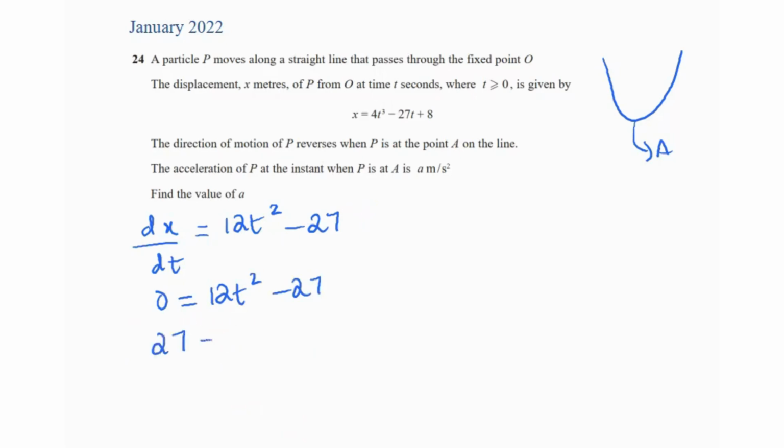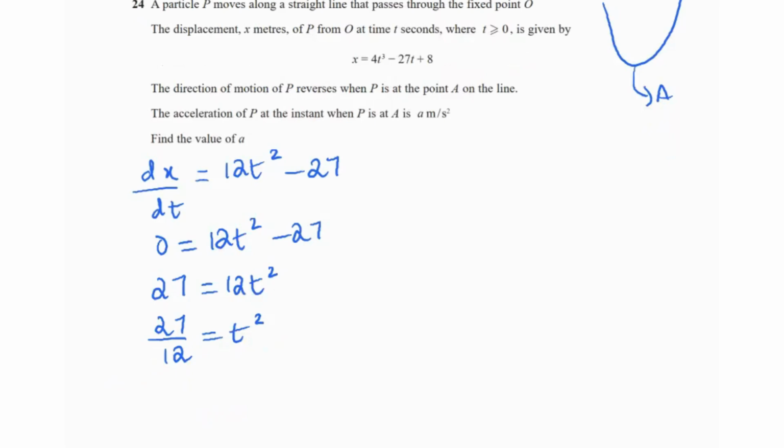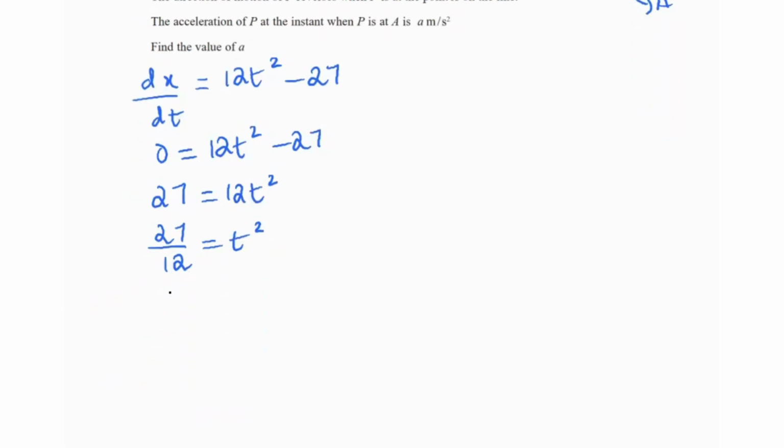So 27 equals 12t squared. 27 divided by 12 equals t squared. 27 divided by 12 is 9 over 4. Square root both sides. So 3 over 2 is the time. We get plus or minus, but obviously time cannot be negative. So we choose the positive value of 3 over 2. Now, we know that the time is 3 over 2 at point A.